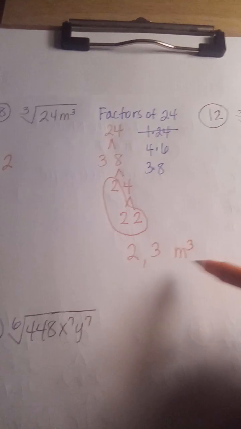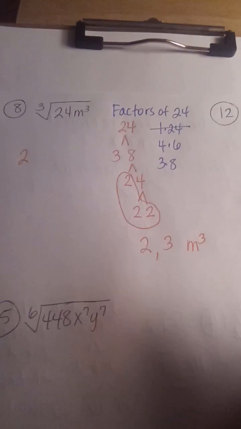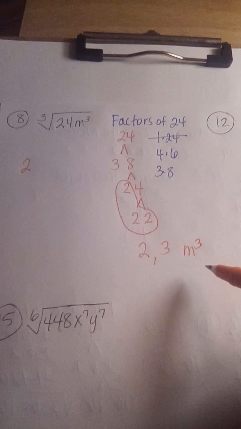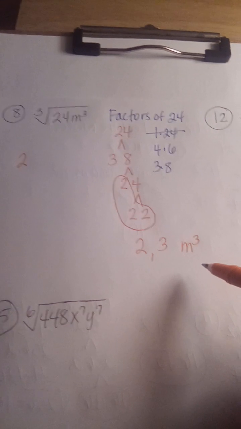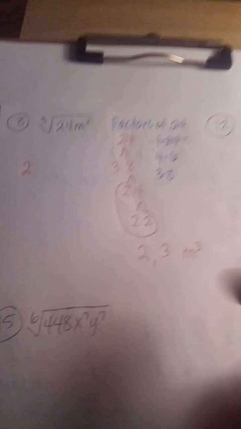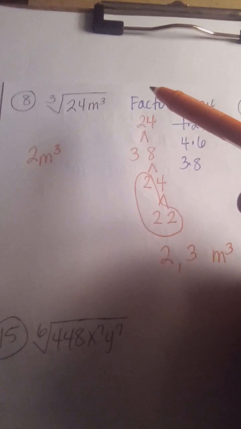Do we put this part next to it or leave it inside the radicand? We put it in with it, right? And then we have... No. I was wrong. Hold on. Give me a second. I made a big boo-boo.